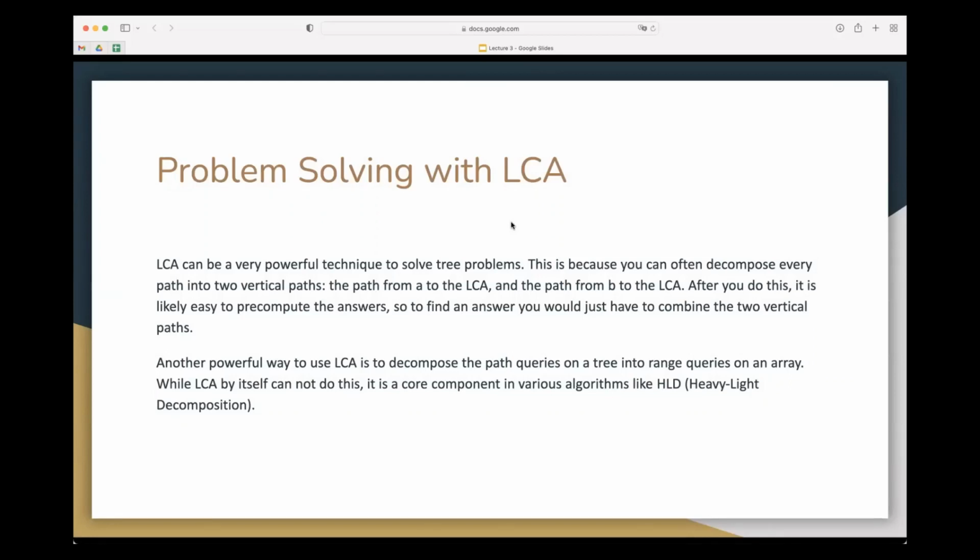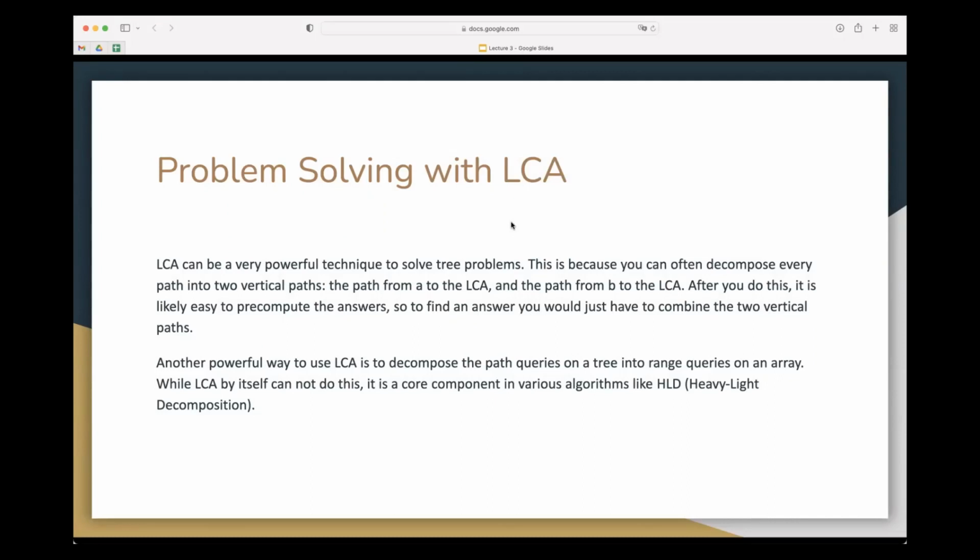For example, if you want to use prefix sums, you can do that with LCA, because when you're updating a path, you can just split the path into 2 and then update both sections of that path. Using that, you'd be able to do prefix sums.